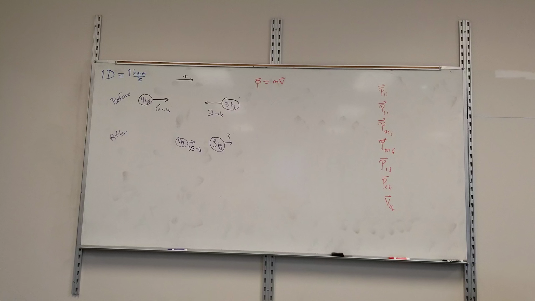So I'm good with that. All right, it's not sticking together. So after the collision, I still have two different momentums. So what's the momentum of the 4 kilogram mass after the collision? And then what does the other one need to be in order for that to be your total?